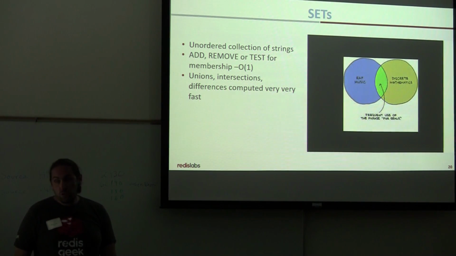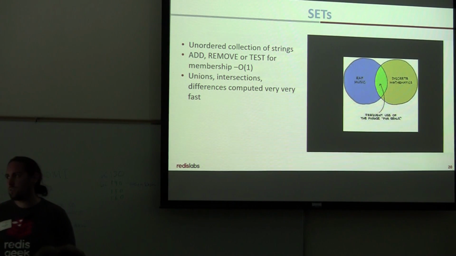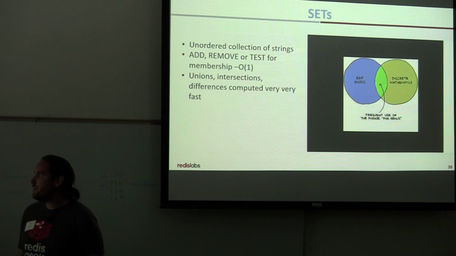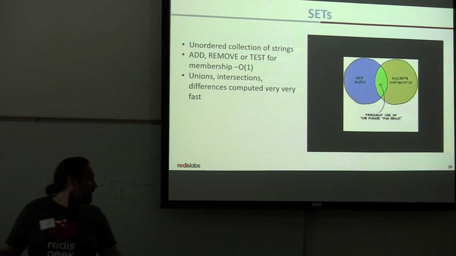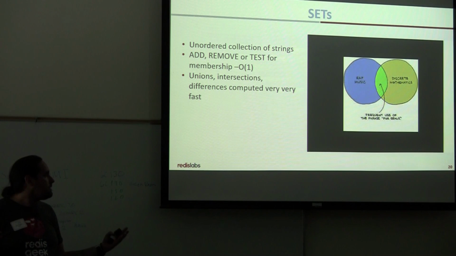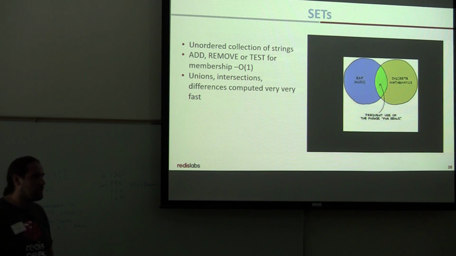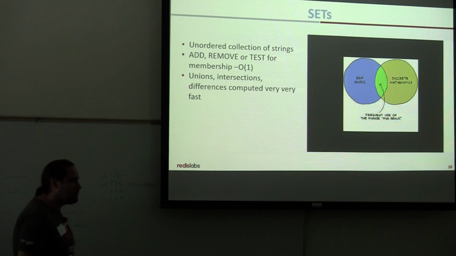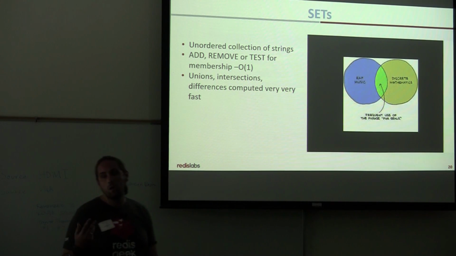Sets are similar to lists. It's a collection data type. It allows you to have a unique set of items, and this is primarily used for indexing. So one of the common examples that I use is, say we're making a social media network.